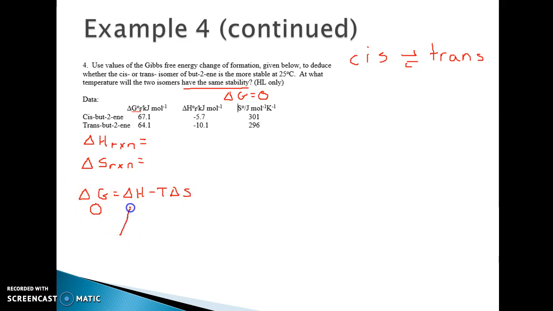You're going to substitute in the delta H from up here and the delta S from down here, and then you're going to solve for temperature. Okay, so I would like you to pause the video now, work through all of that, do as much as you possibly can, and then come back and take a look at my work.